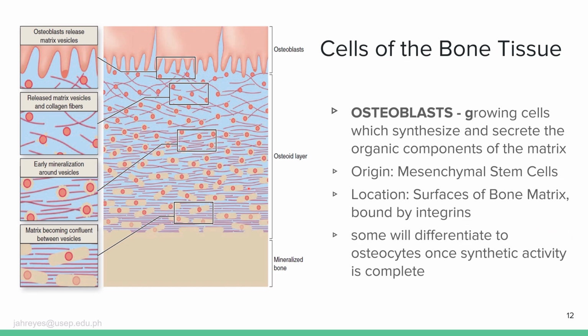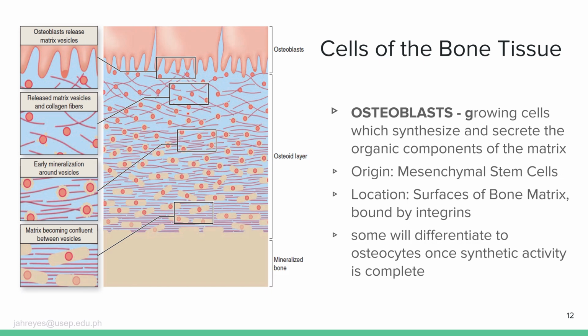And as a secretory cell, the osteoblast secretes both type 1 collagen, you can see collagen fibers, and also bone matrix protein. The secretions of the osteoblast, the type 1 collagen and the bone matrix, will constitute this layer, which we refer to as the osteoid layer or the osteoid.